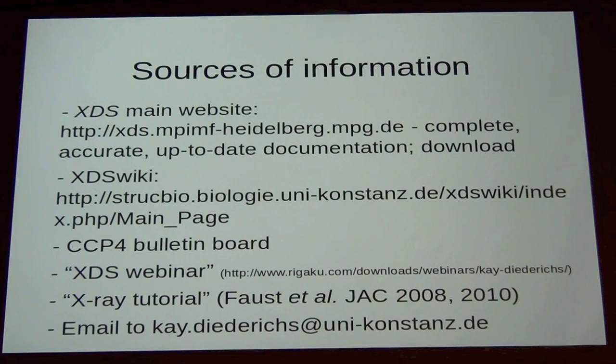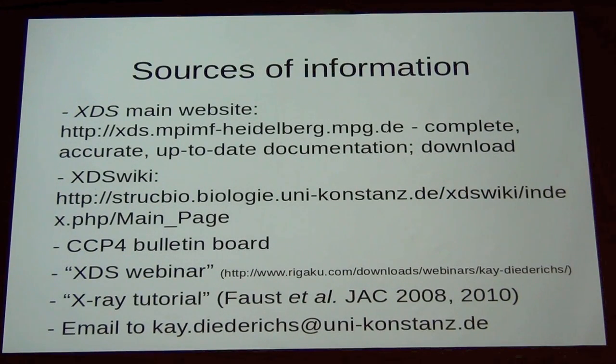Okay, so where do you get information about XDS? So the website, where you can also download the program and read the documentation. The wiki is mentioned here. It's established in 2008. There's a CCP4 bulletin board. There's a webinar that was, I think, recorded in 2010.